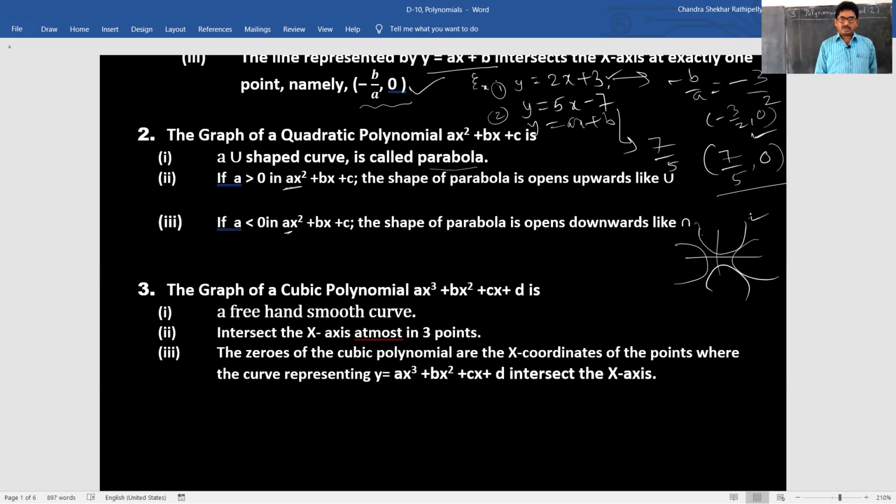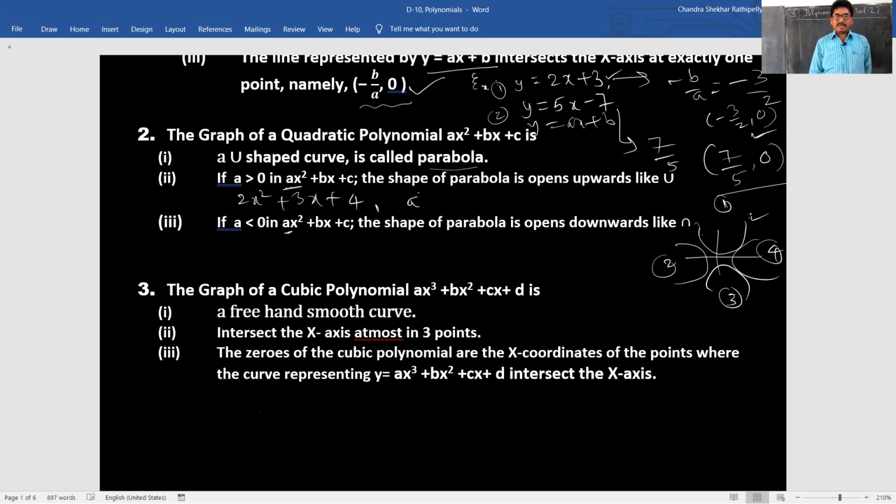For example, children, 2x square plus 3x plus 4. If we draw this parabola, how will it appear: first one, second one, third one, fourth one, which will it be?